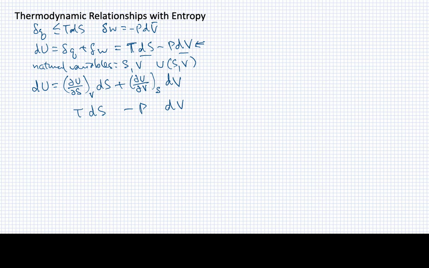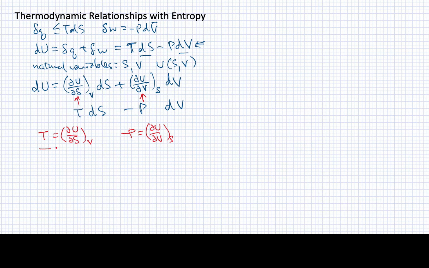And in particular, I can relate this temperature to this partial derivative and the pressure to this partial derivative. So I actually have relationships that tell me what these partial derivatives are. Even though I don't know what the functional form of the internal energy is with respect to entropy, I know that its derivative is going to be the temperature. I also know that its derivative with respect to volume at constant entropy is going to be the negative pressure.